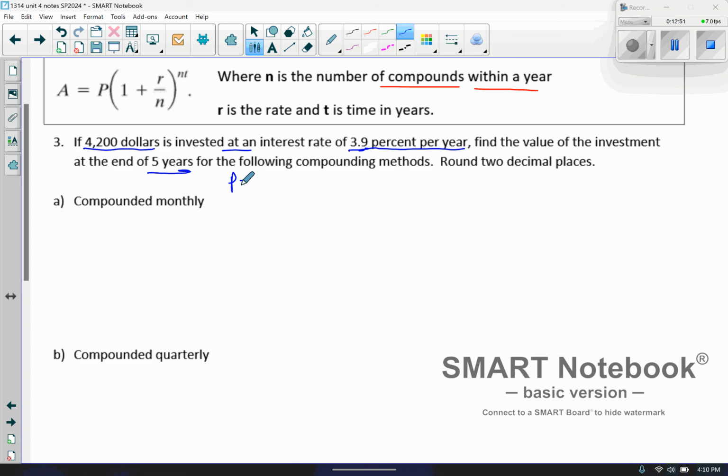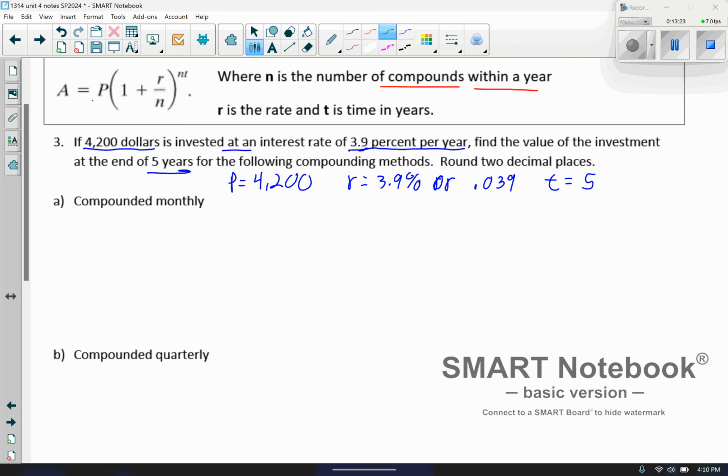My principal, what I'm investing, is $4,200. My rate of return is 3.9%, or as a decimal, because we have to do this as a decimal, 0.039. That's the number you have to use when we plug it into our formula in a minute. And t is 5 years.